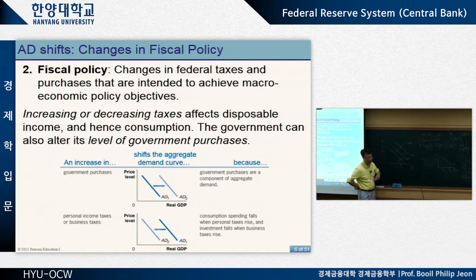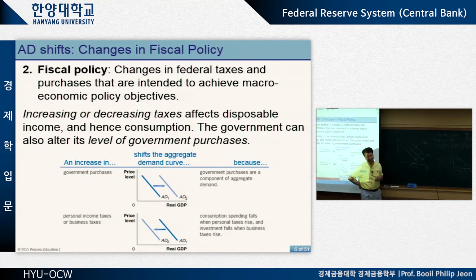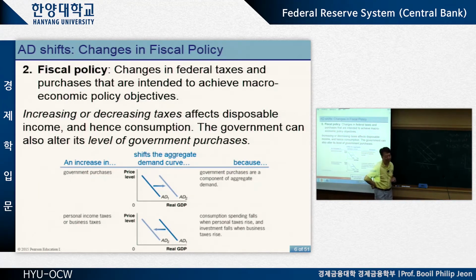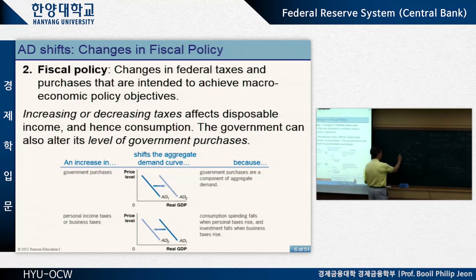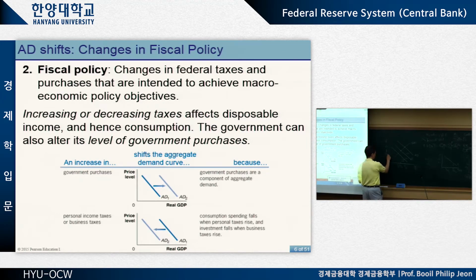Look at the graph. What happens? Price level. Yes, price level will be lower. Something like that, let's say. Okay?